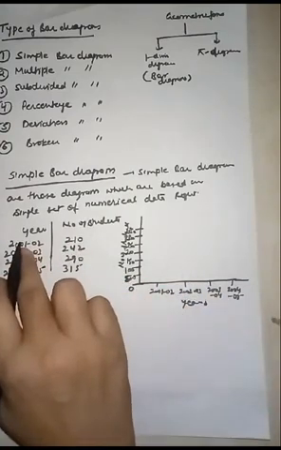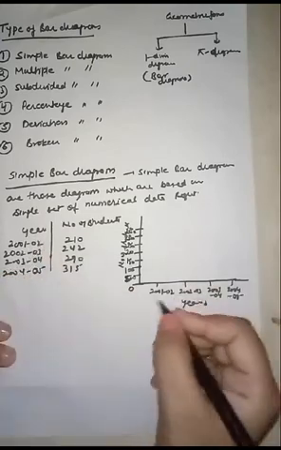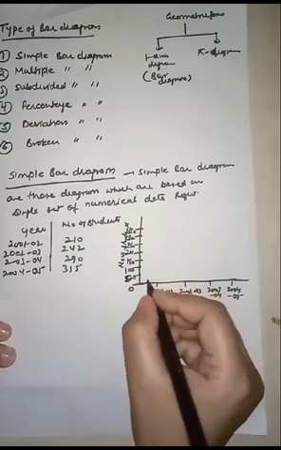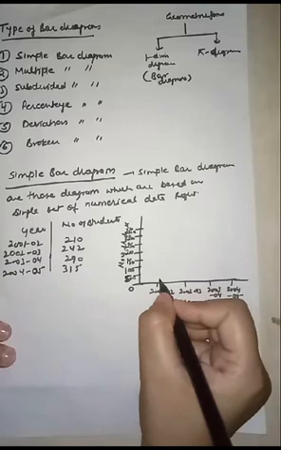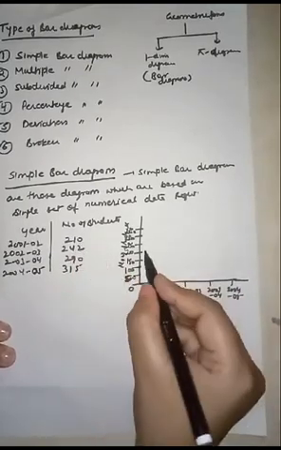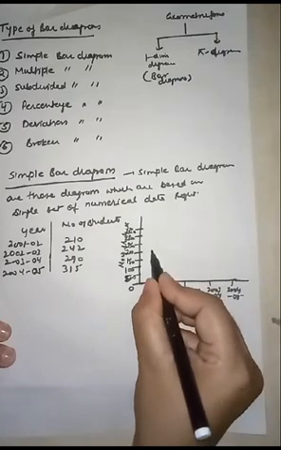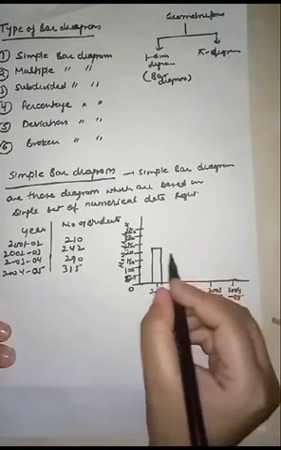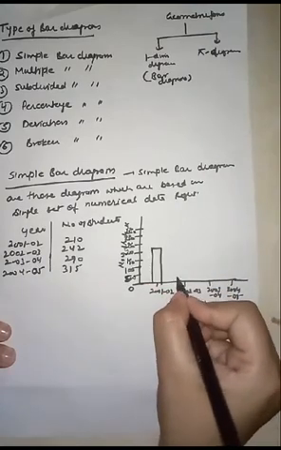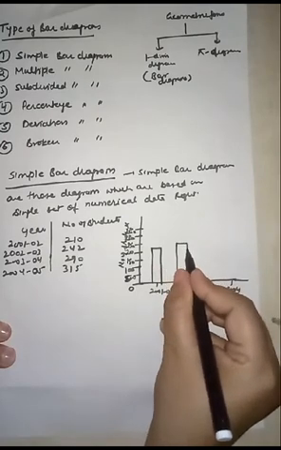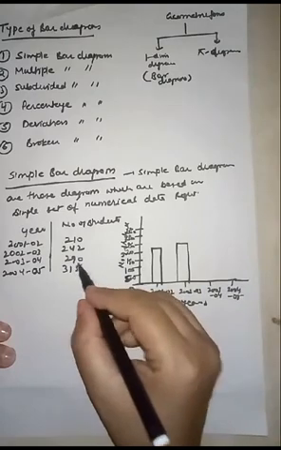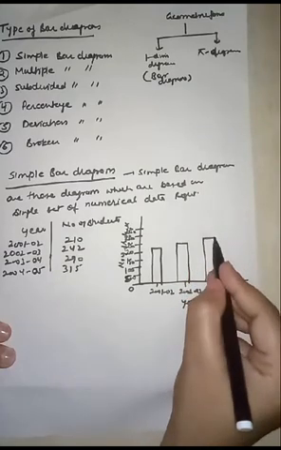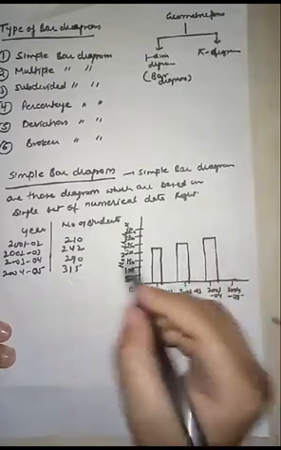In 2001-02 there is 210, then 242, 290, and 315.